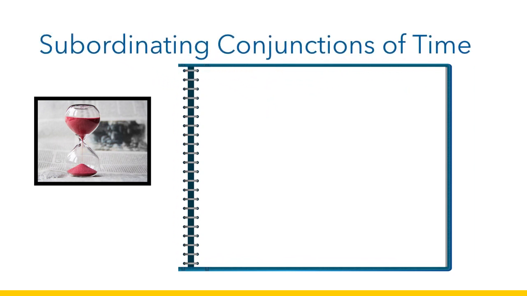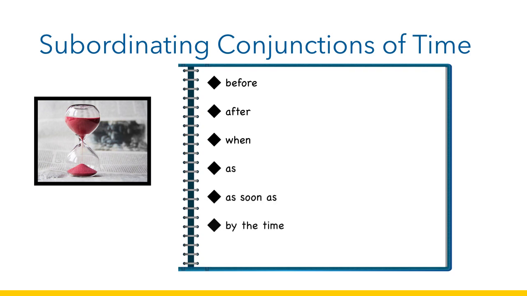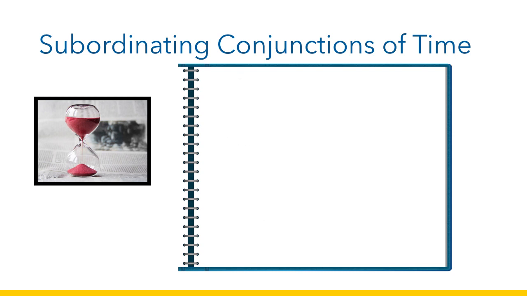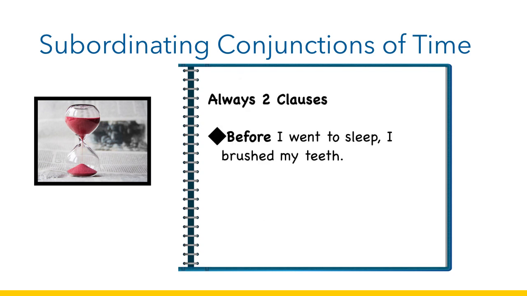Here are some useful subordinating conjunctions of time: before, after, when, as soon as, by the time, and while. When we use subordinating conjunctions of time, we always use two clauses in our sentence.